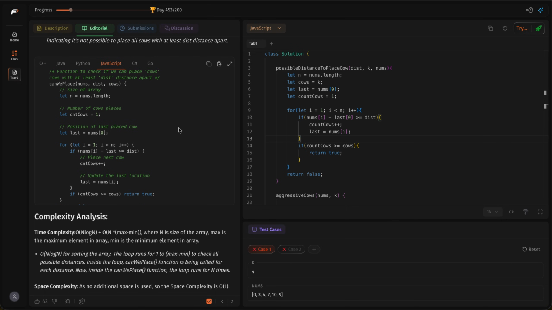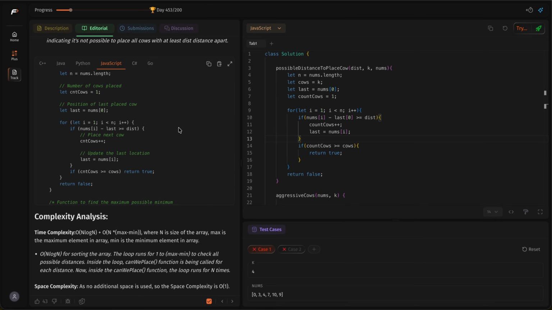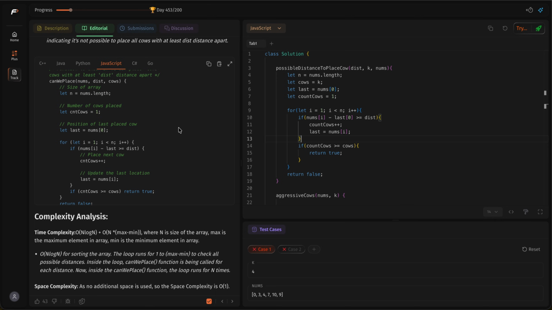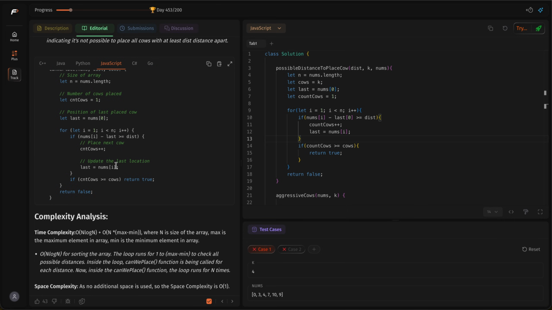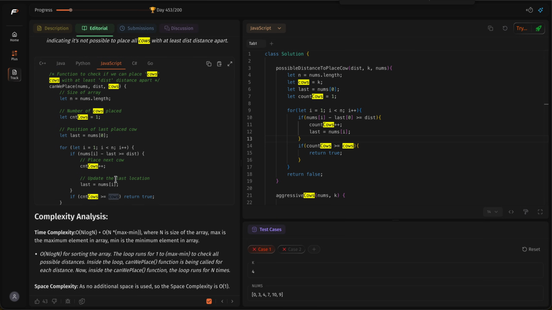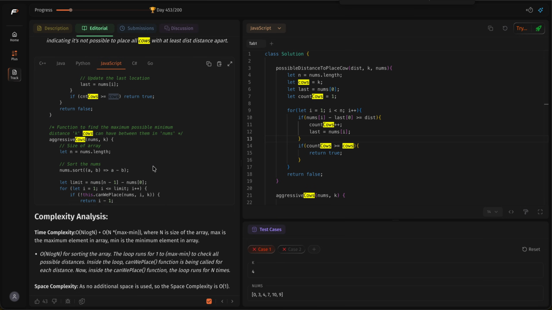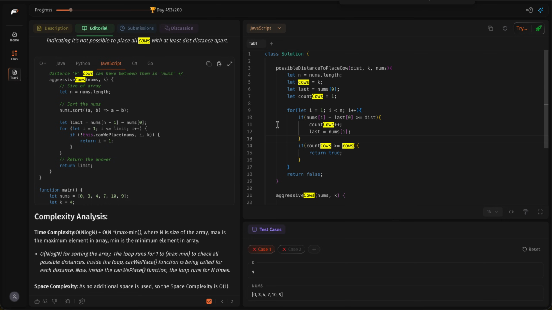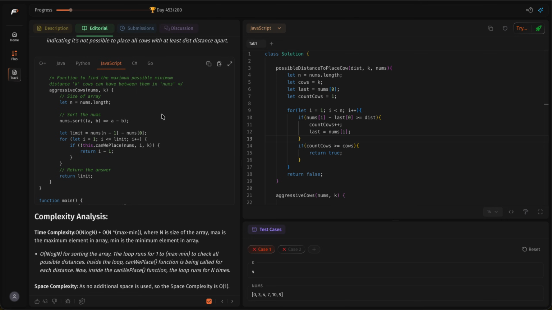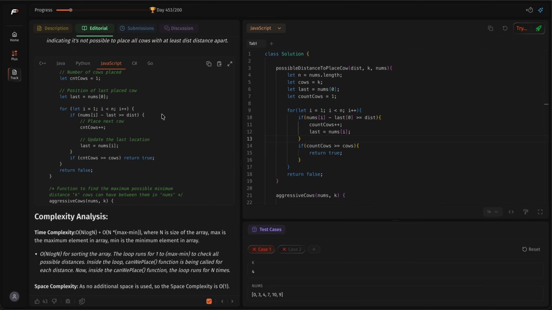We took count cows 1 over here, last put on 0, and n equals nums dot length, cows equals k, count cows equals 1. Okay, I have done everything. Let limit i equals 0, i plus plus, nums[i].